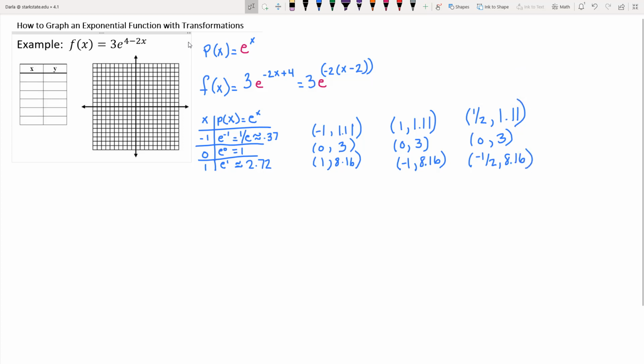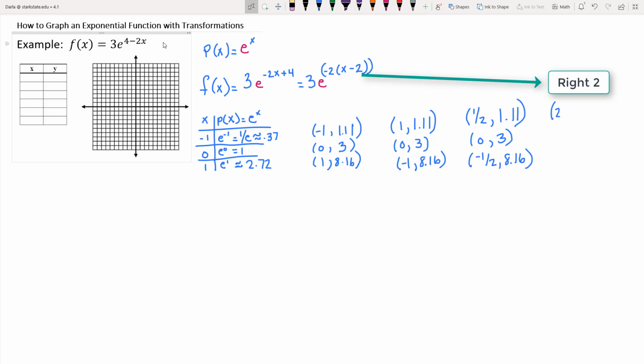And then last I have minus 2 for my x. Well, that means just go right 2 units. So whatever my points were, I need to shift them right 2 units. So I need to add 2 to my x values. So 2.5, and 1 and 11 hundredths is my y. Add 2 to my x in the next point, it would be 2, comma, 3.